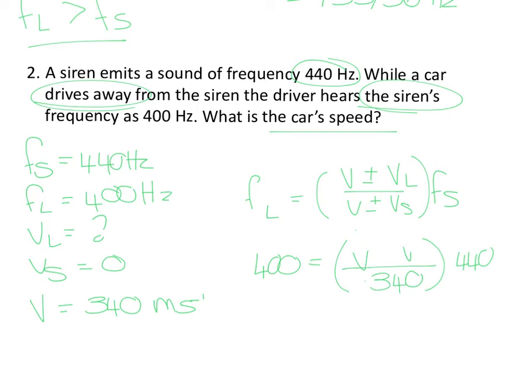And that's 340 and that's the listener. We know that the frequency has to get lower. So in my fraction, the small number has to be at the top, the big number at the bottom. So I'm going to minus VL. Now it's a maths problem. You guys can work that out. That gives me 30.91 meters per second.